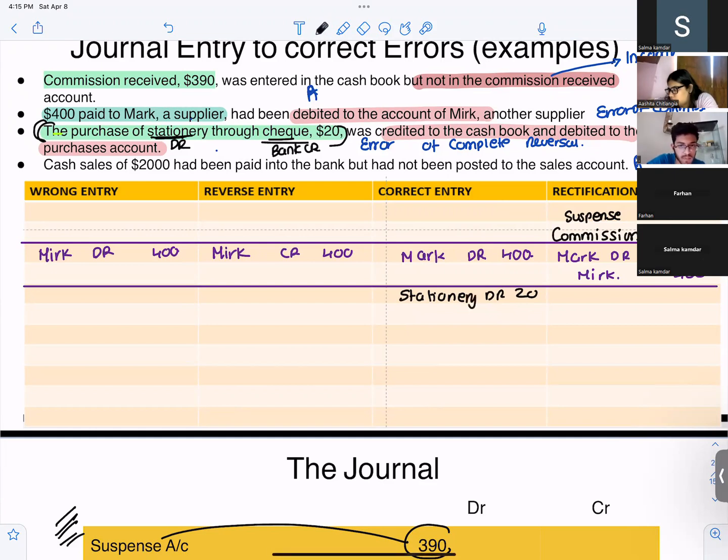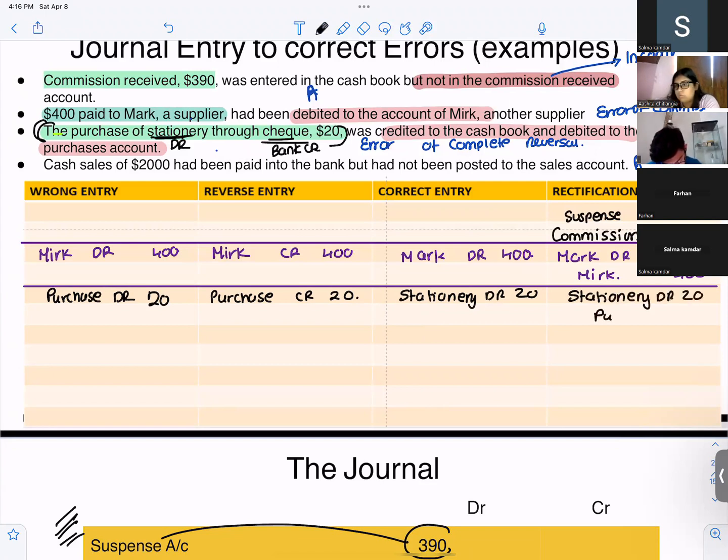And it was debited to purchase account. So the wrong that you did is you debited purchase account. What will you do now? Purchase will be credited. And rectification would be stationery debit and purchase credit.